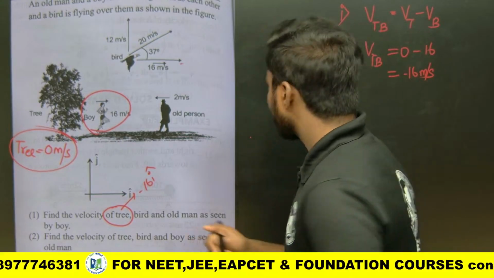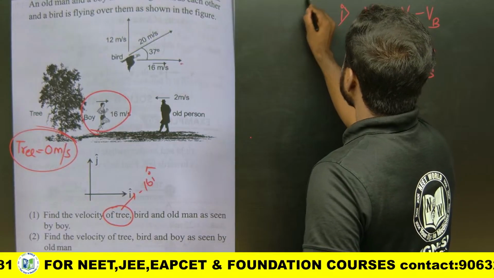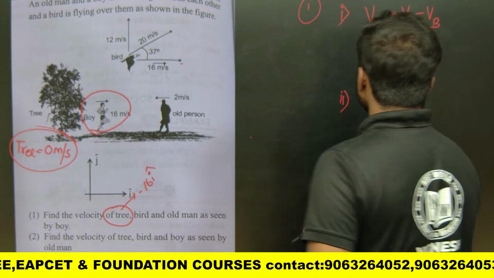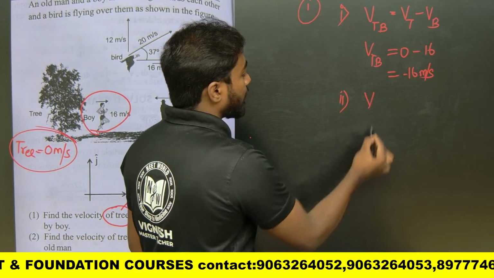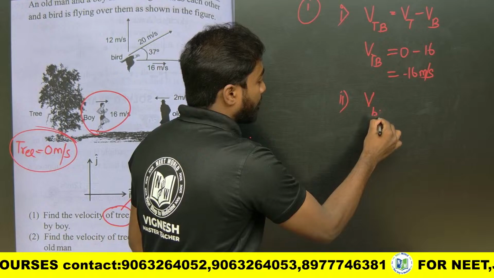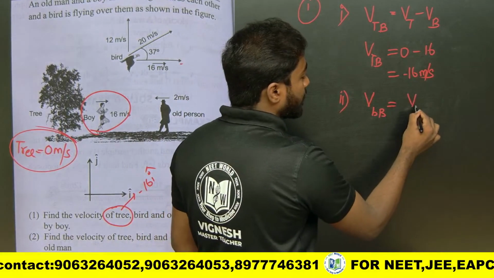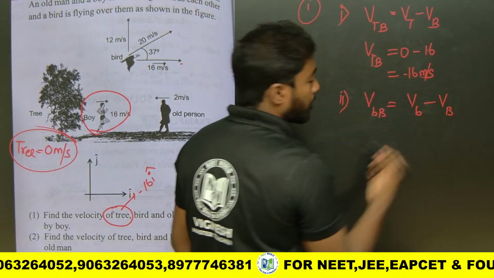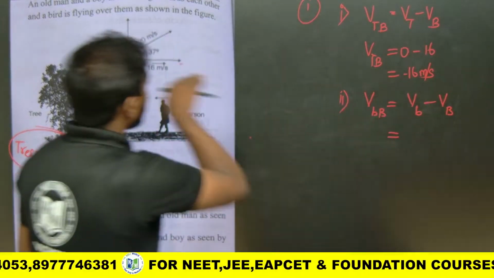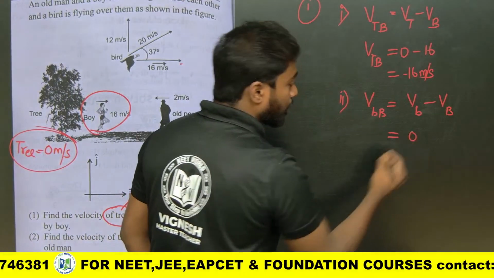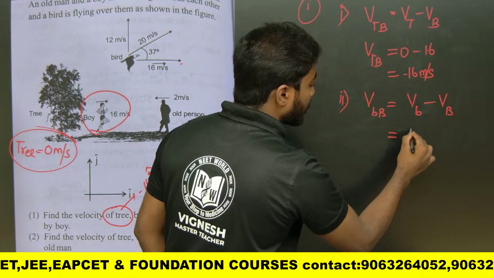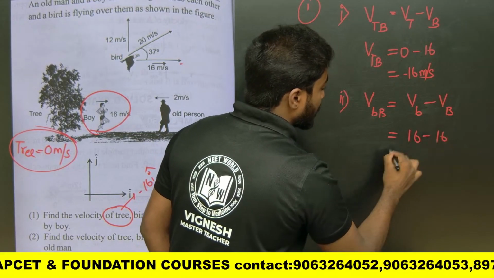Now the second part of the question. The velocity of the bird with respect to the boy equals the velocity of the bird minus the velocity of the boy. In the x axis, the bird's velocity is 16 and the boy's velocity is 16, so 16 minus 16 equals 0.